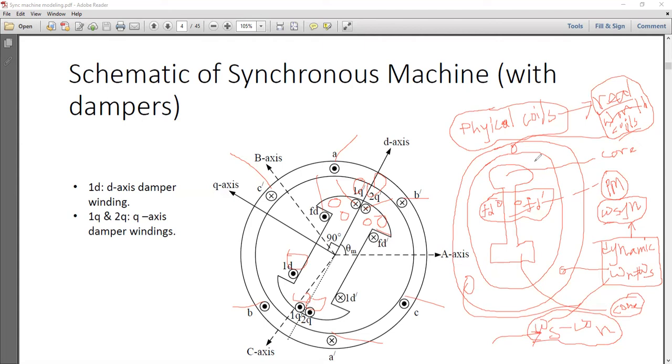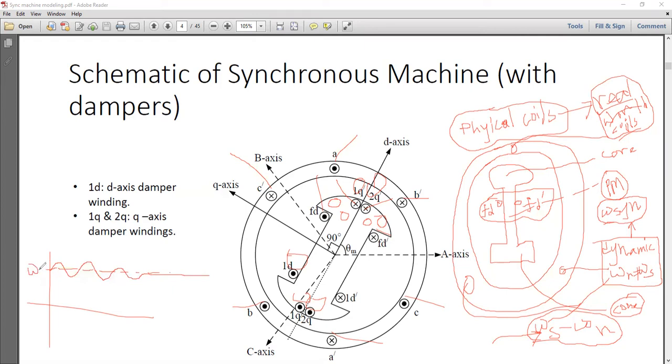Either it is lagging omega S or it is leading omega S, because it is dynamic. So actually under a transient scenario, omega R would be moving something like this. And then probably if the system is stable, it will come back.